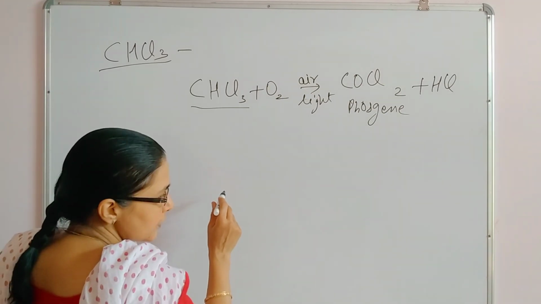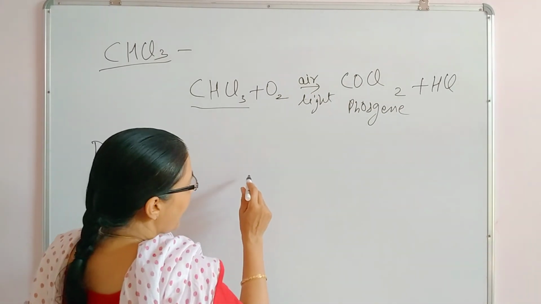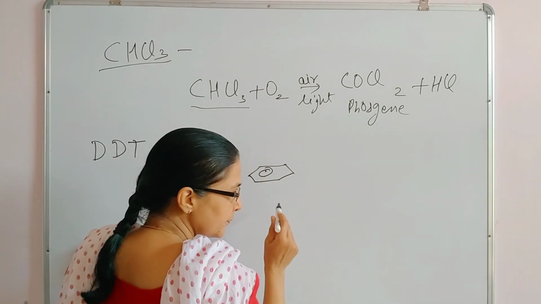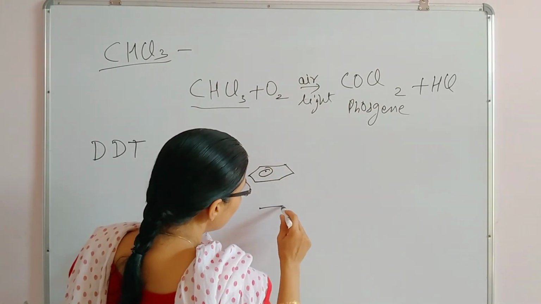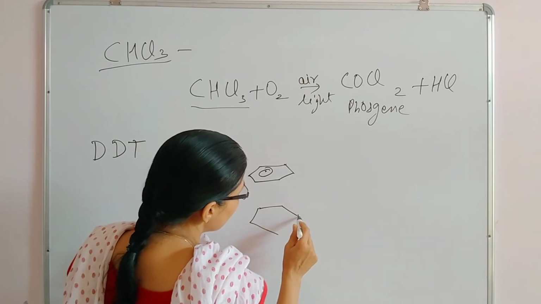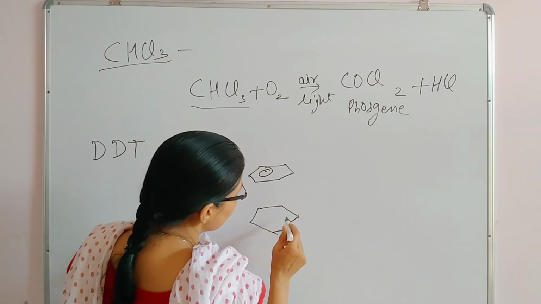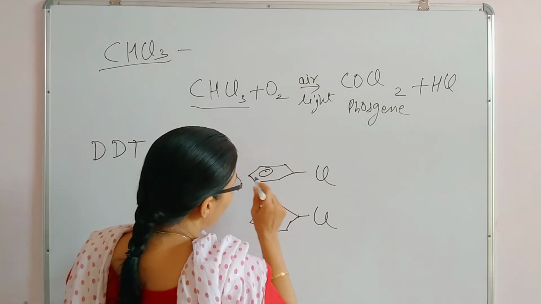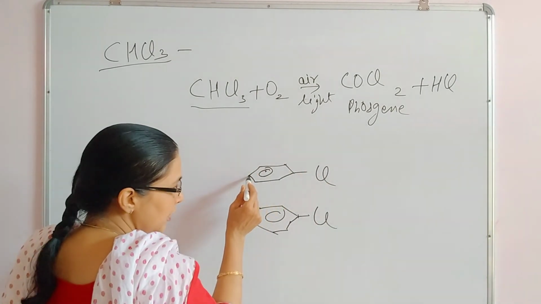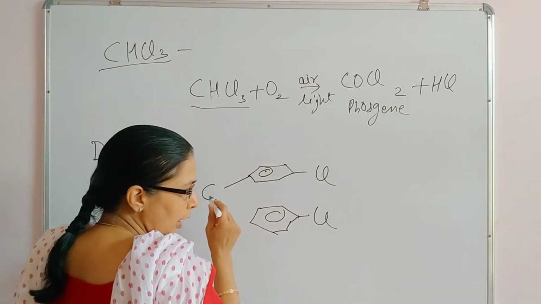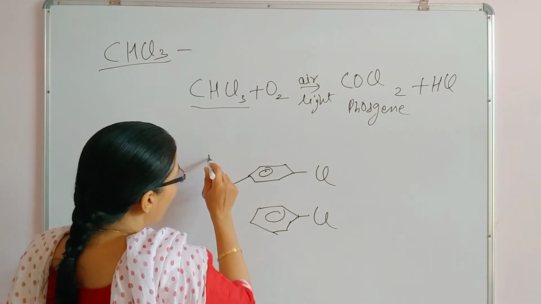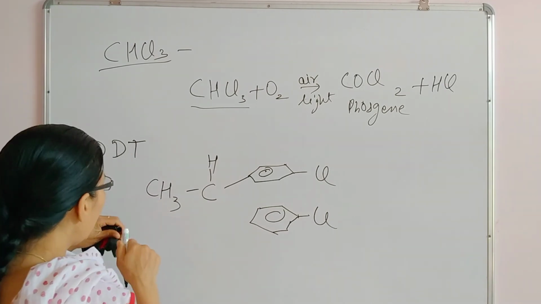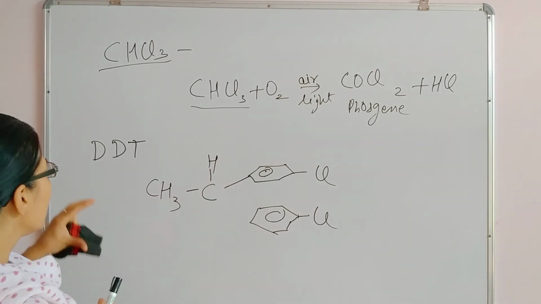For this purpose the compound you will write, put two benzene rings, one more benzene ring, and at the para position chlorine will be attached, and from here remove this bond, carbon, hydrogen and CH3.